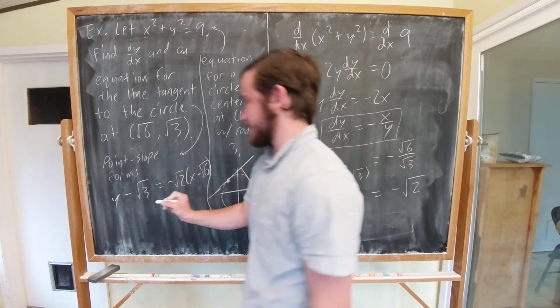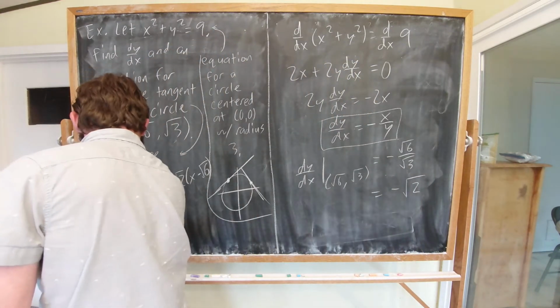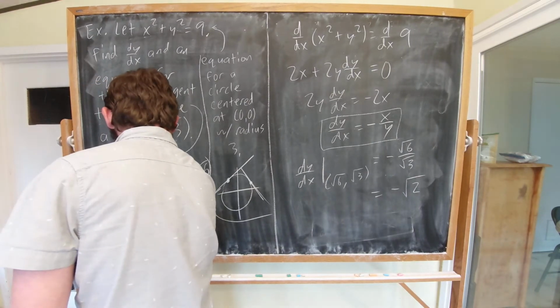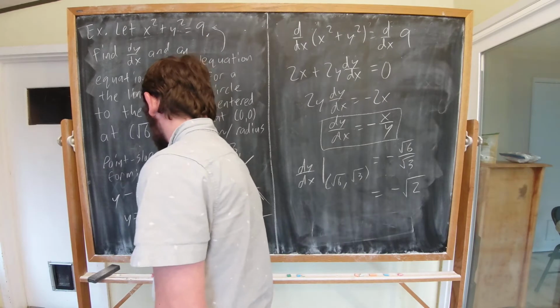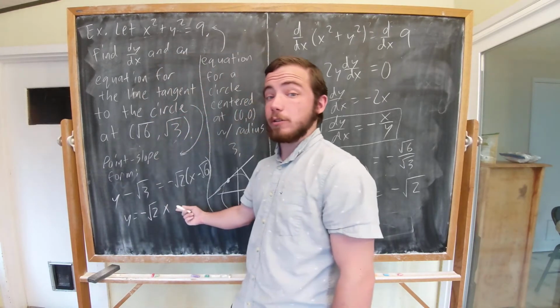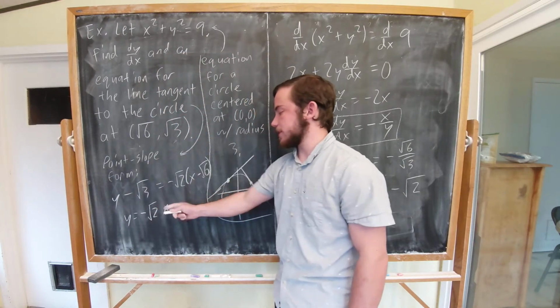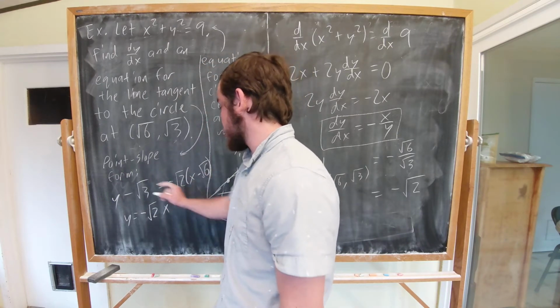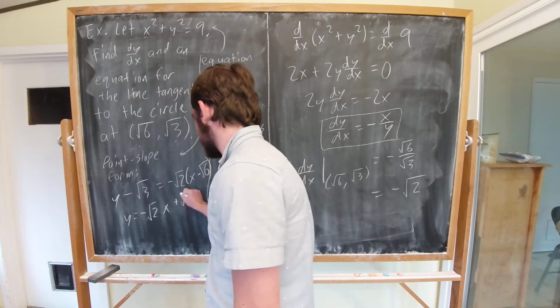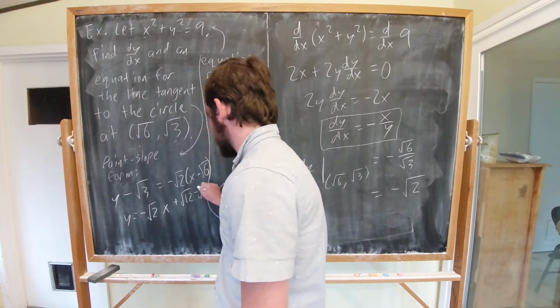I like to simplify it down into y equals mx plus b form. You get y equals negative square root of 2 times x, not square root of 2x, just square root of 2 times x. We are going to have plus square root of 12 minus square root of 3.